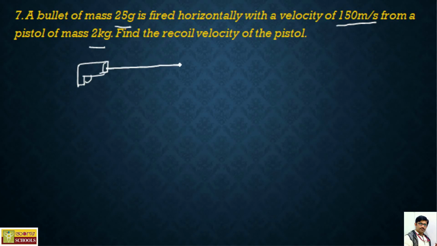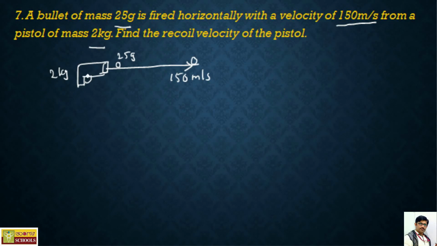When you fire that bullet, the bullet is moving with some velocity, that is 150 meter per second, and the bullet has a mass of 25 gram. The pistol has a mass of 2 kg. So this is 25 gram, moving with a velocity of 150 meter per second, no problem.